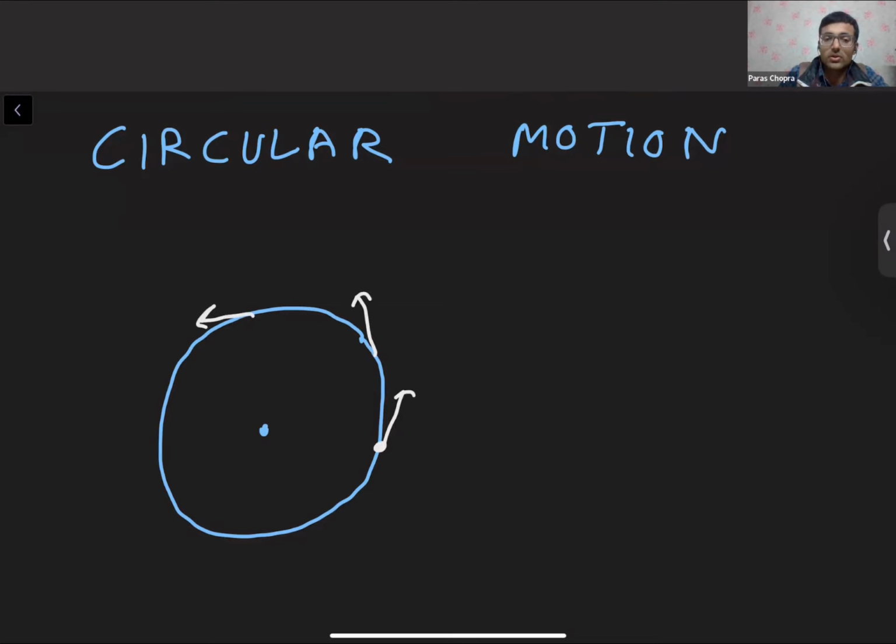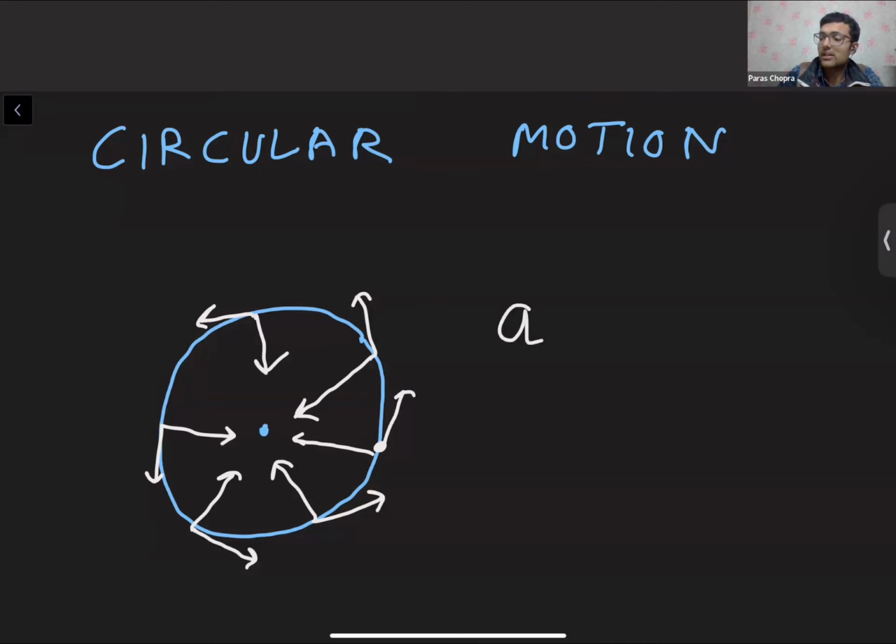The body is not going in a single straight line at all the points, therefore its velocity will not be the same. The magnitude of the velocity is the same, but the direction of velocity is changing, therefore there will be some acceleration. This is called the centripetal acceleration, and its direction is always along the center. So at all the points, the direction of the acceleration will be along the center of the circle.